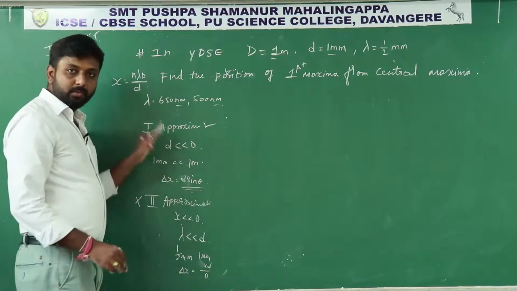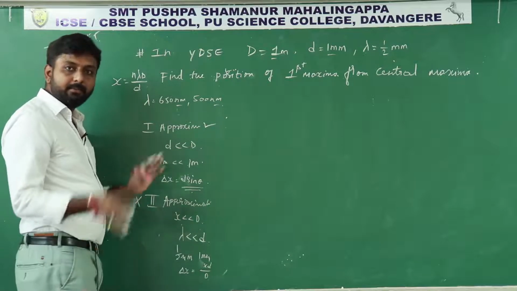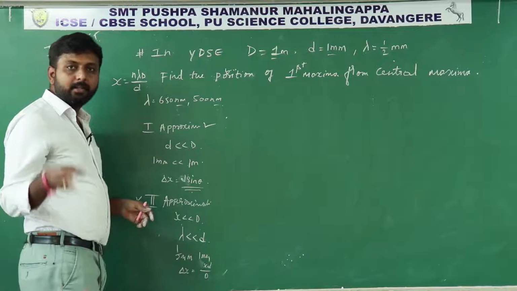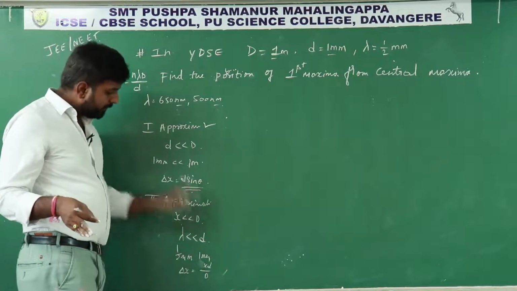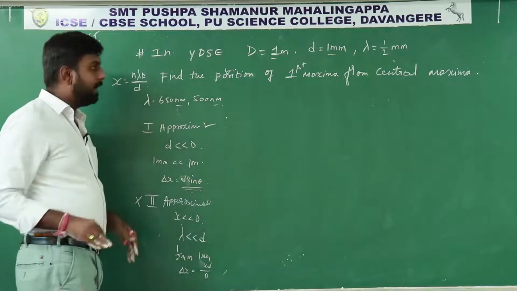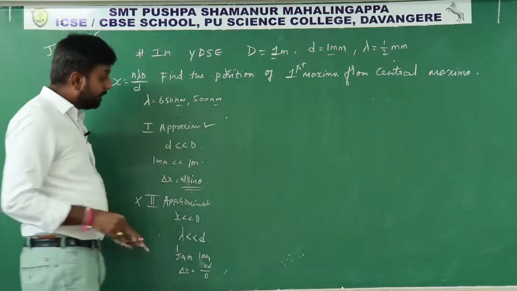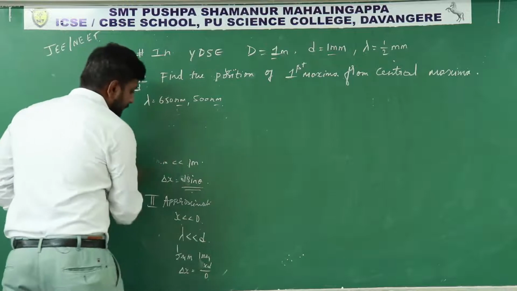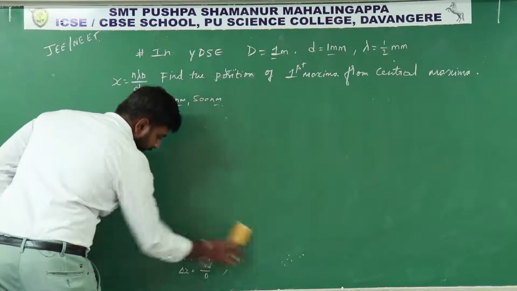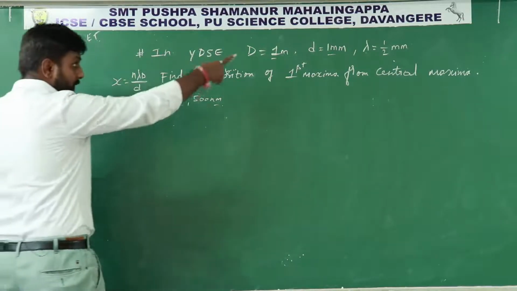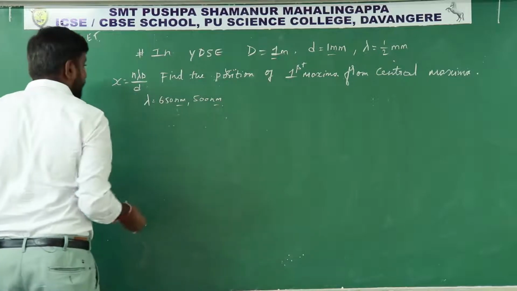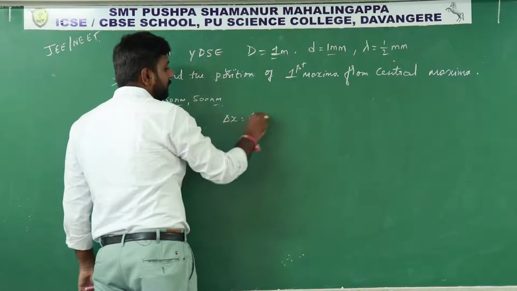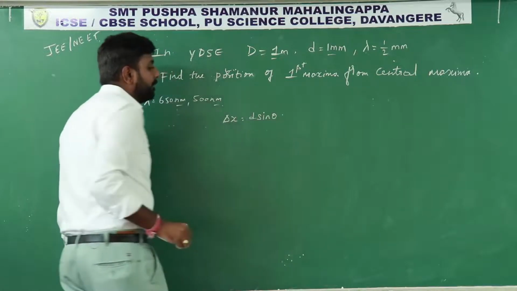So I hope you understood these concepts. Previously, no problem. Everywhere, lambda is very, very much smaller than small d, so the two approximations are valid. But in this problem, the second approximation is not valid. In that case, lambda is not smaller than small d. Then we have to take the path difference, delta x equals d sin theta only.